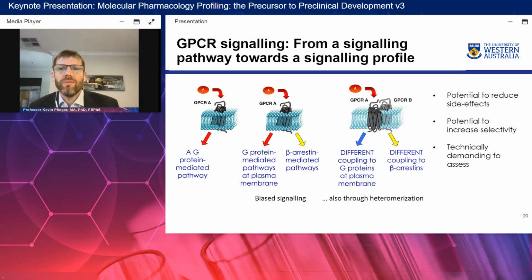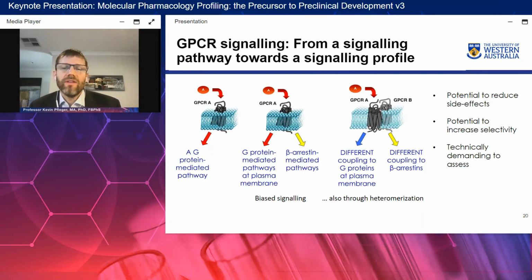And that means that we can potentially look for pharmacology where we have reduced side effects. It could be that a side effect of a drug is actually as a consequence of this transactivation through the complex. We can also look to potentially increase selectivity, because it may be that in certain tissues there may be a complex and in other tissues there isn't.